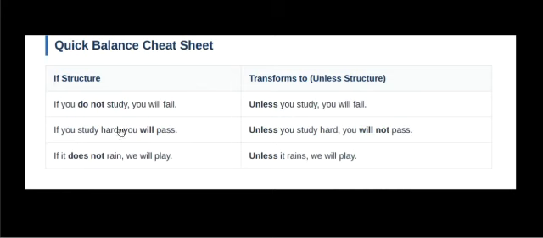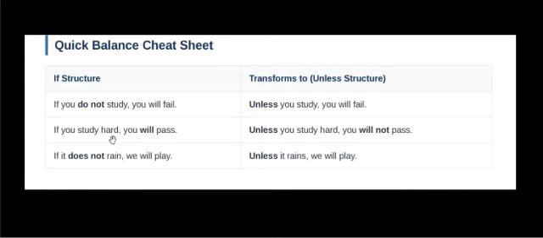When you notice that in the first part there is no negative, just know that the negative will be in the other part of the sentence. Now if there's no negative in the other part either, just know that the sentence has a positive meaning. So this sentence has got a positive meaning. If you study hard, you will pass. So if you notice, it's all positive.